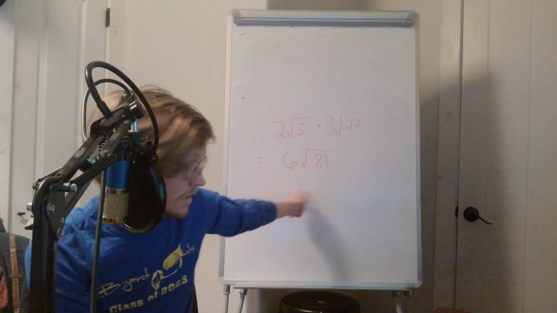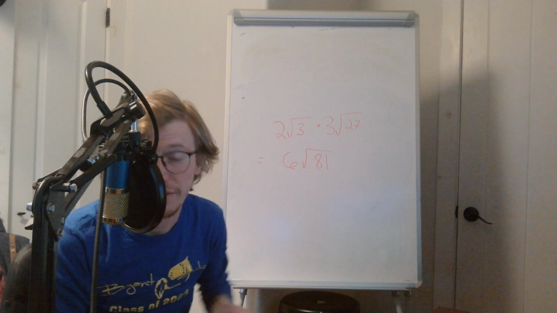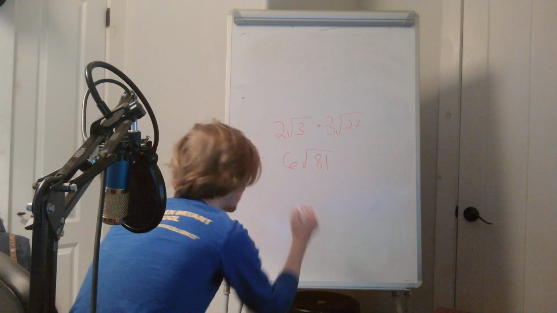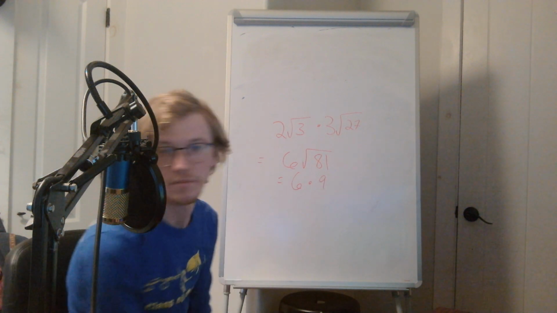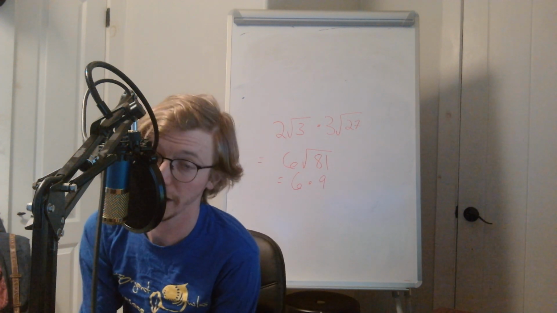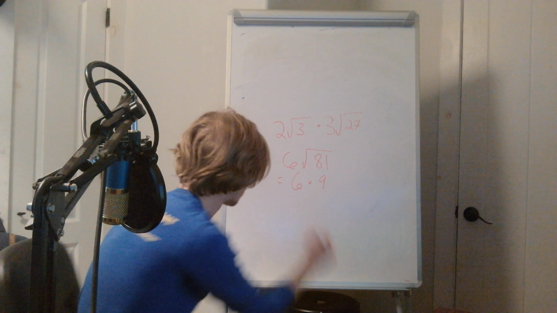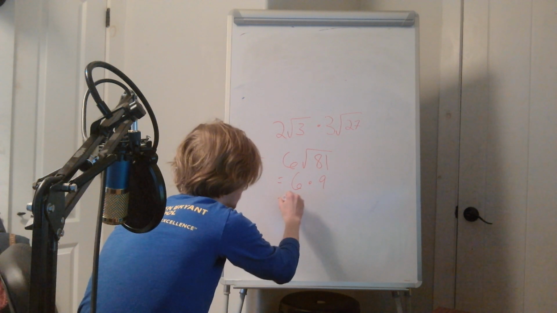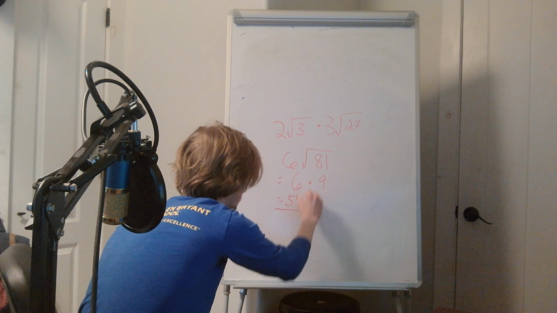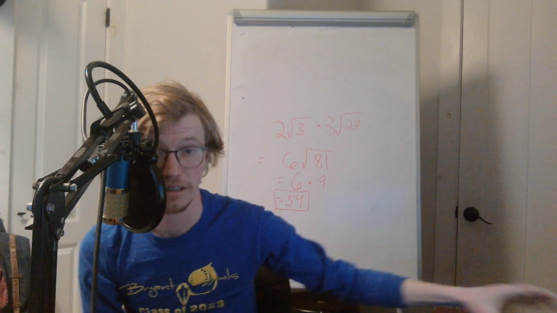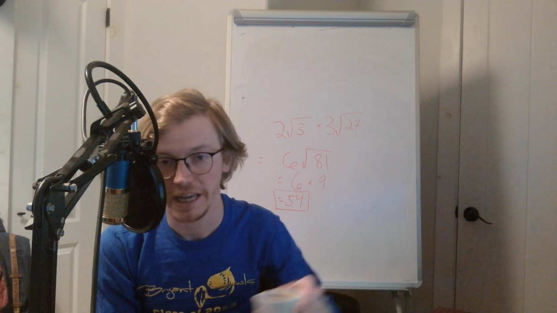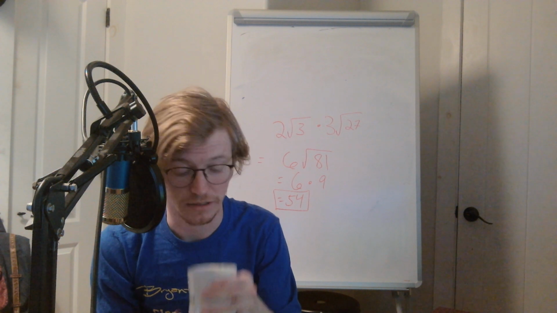So 6 times the square root of 81 can be simplified into 6 times 9, which is 54. And that's the answer. Now, you're not always going to get perfect, pretty answers like that, but that is the answer.